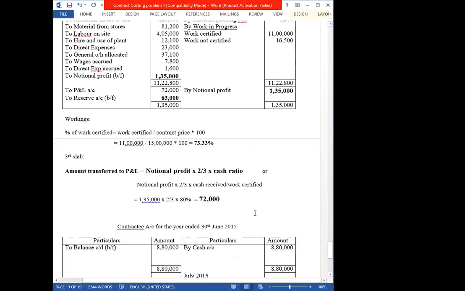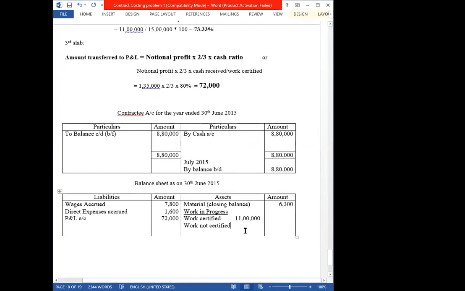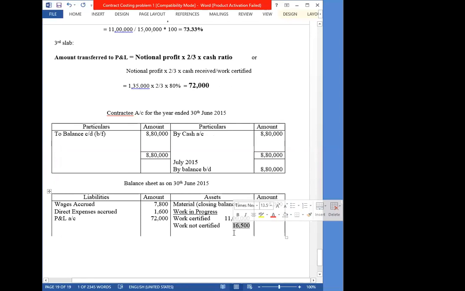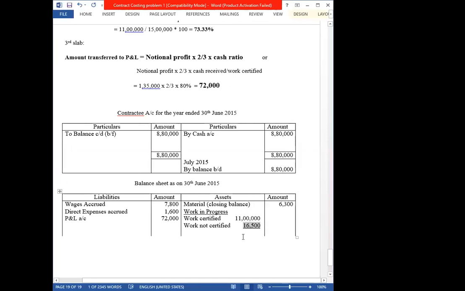How much is the work not certified? That is 16,500. So take this. Write the total in the inner column only.